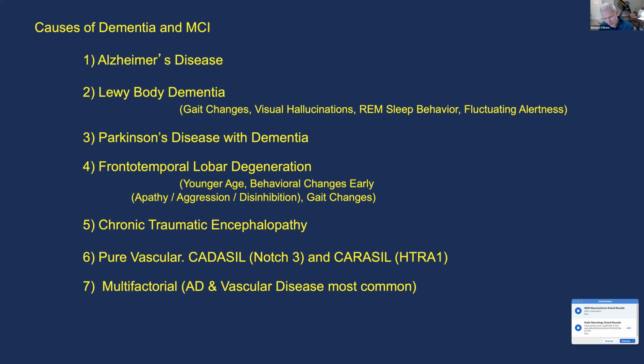Chronic traumatic encephalopathy. And there actually is a vascular dementia, but it's not strokes. It's either CADASIL or CARASIL, which are very rare vascular angiopathies. And then in older folks, there's multifactorial causes, with Alzheimer's and stroke probably being the most common combination.